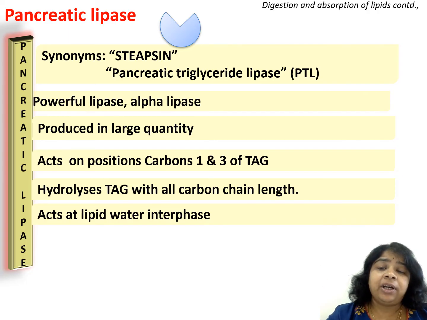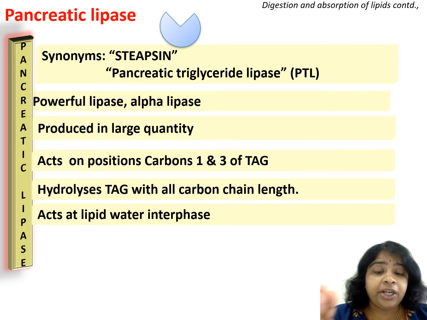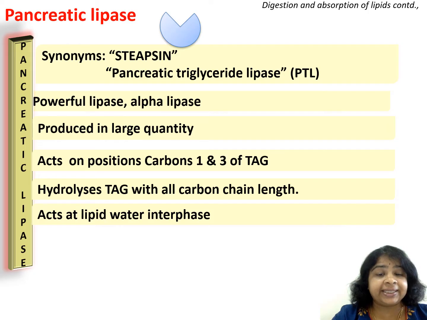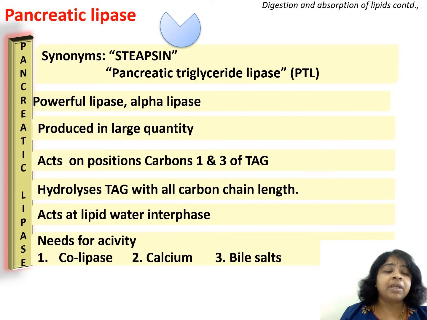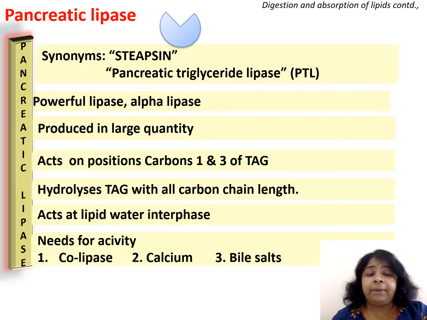Lipase can act on triacylglycerol which are esterified with fatty acids of any chain length. Whereas with acid lipases, we saw that they have a preference for only short and medium chain fatty acids, whereas pancreatic lipase will act on any chain length, that is it can also be long chain or very long chain fatty acids. But pancreatic lipase also requires colipase, calcium and bile salts for action.